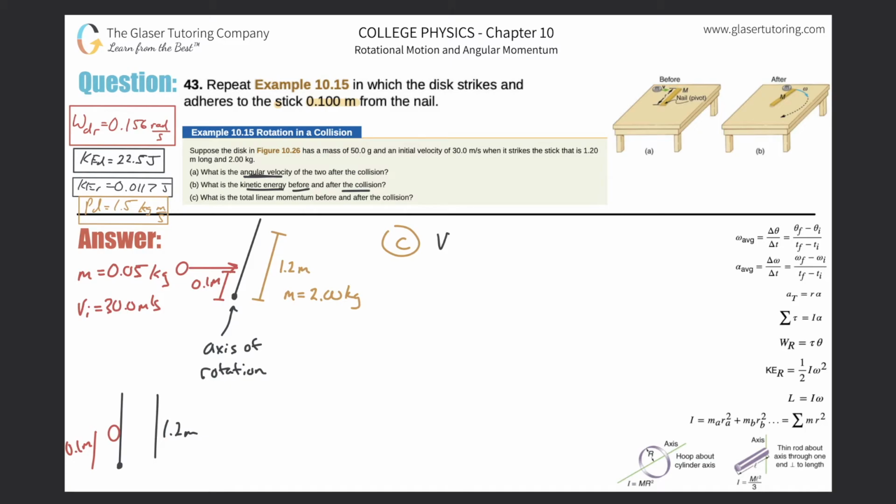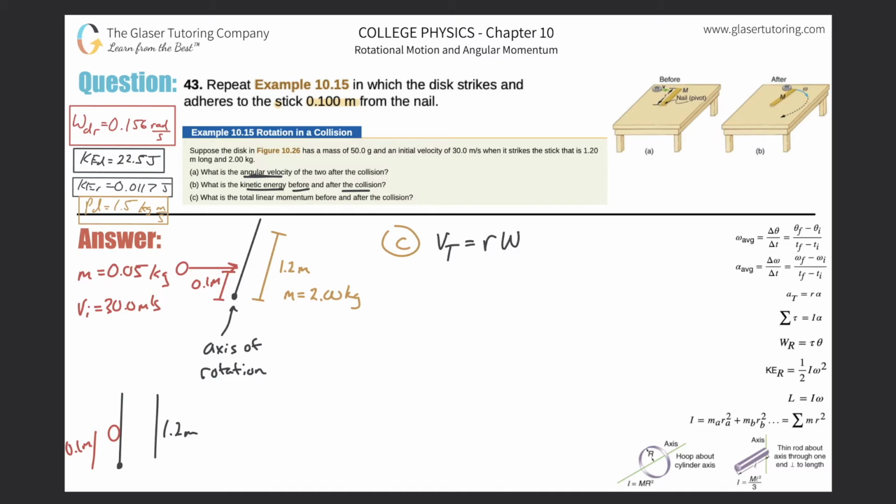You have the tangential velocity equaling the radius of rotation multiplied by the angular velocity. No matter where you are on this system, the angular velocity is the same. We've talked about that in prior problems. The angular velocity is the same no matter where you are, but the tangential velocity is not.